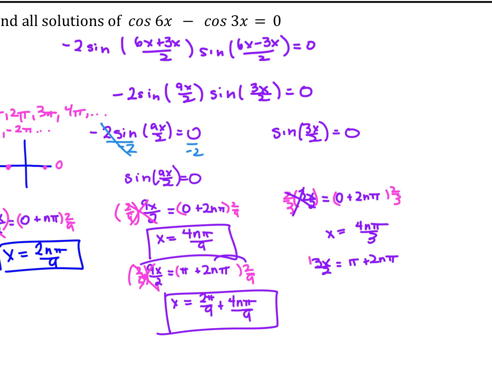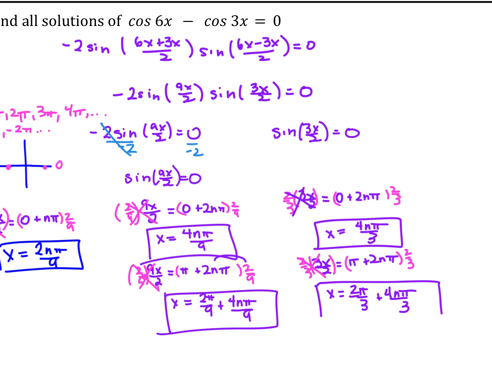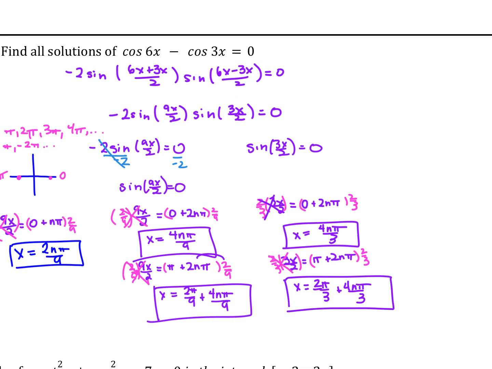Then we do it to the second equation, so x equals 2 pi over 3 plus 4n pi over 3. So that's option 1, writing 2 equations for sine of 3x over 2.